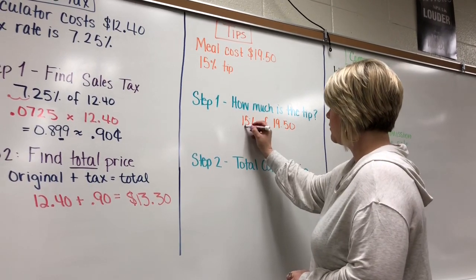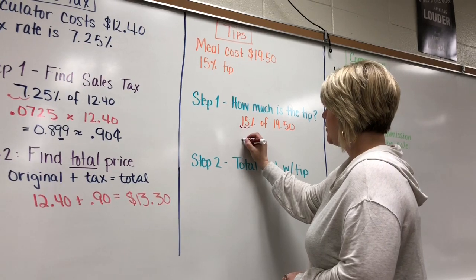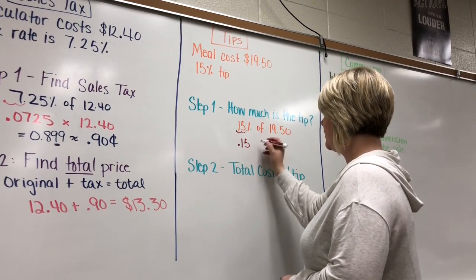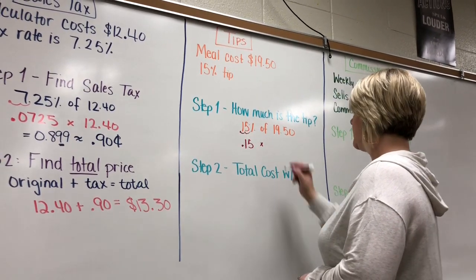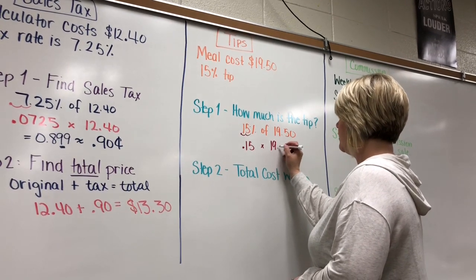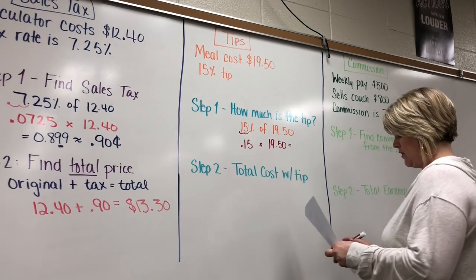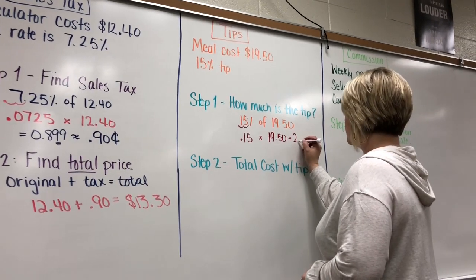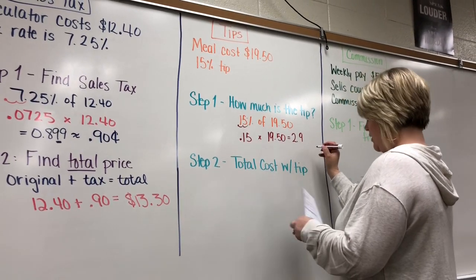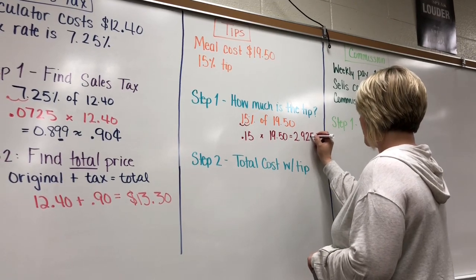So I'm going to move this over and make it a decimal. So 0.15 times 19.50 equals 2.925.